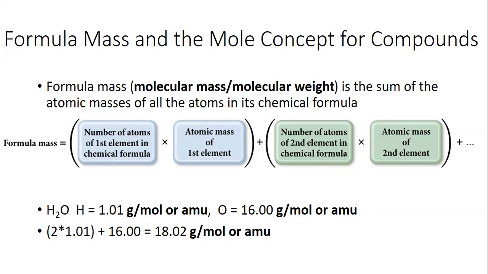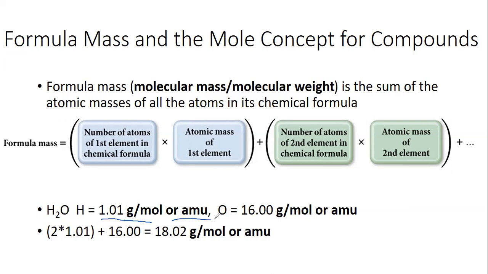Now, when you look up these masses on the periodic table, they have two different units, right? The first unit is grams per mole. So if you have 1.01 grams of hydrogen, you have exactly 1 mole of hydrogen. That's what that says. Or atomic mass units.